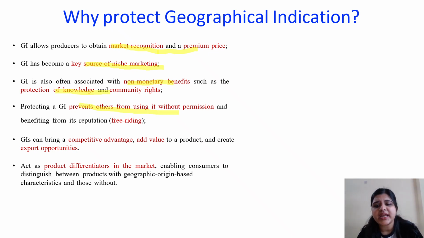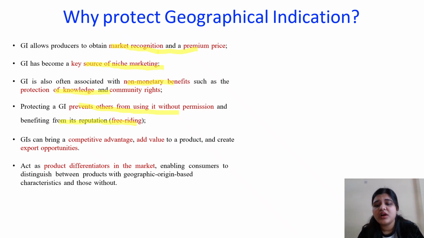So in the GI Act, it is mentioned that only the authorized users can use the GI tag, and no one can use it under the pretext that they have the GI tag to sell those same products. So it prevents them from benefiting from its reputation, that is free riding.